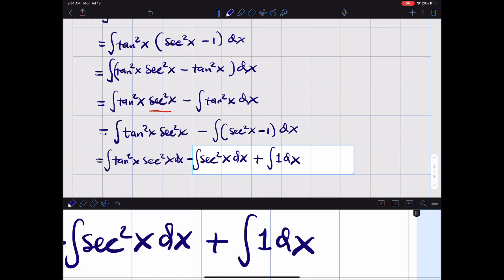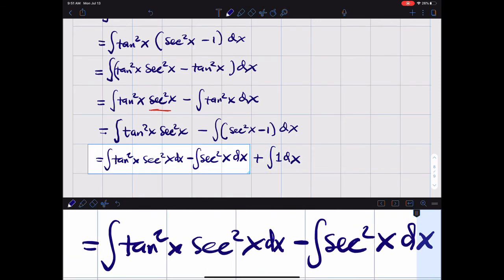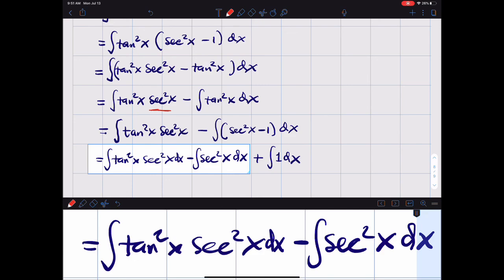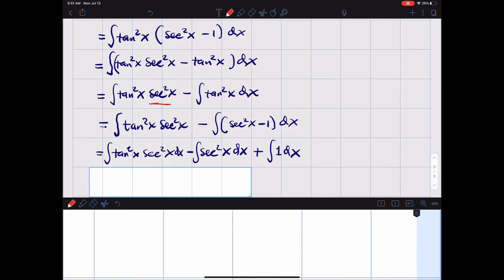So what I'm going to do is let you do these integrals one by one. Or you know what? How about we do it together? Why not? One by one. The second and third are quite easy.